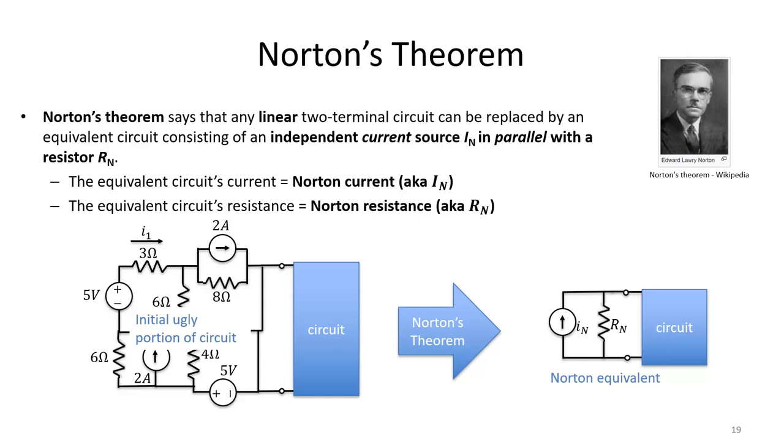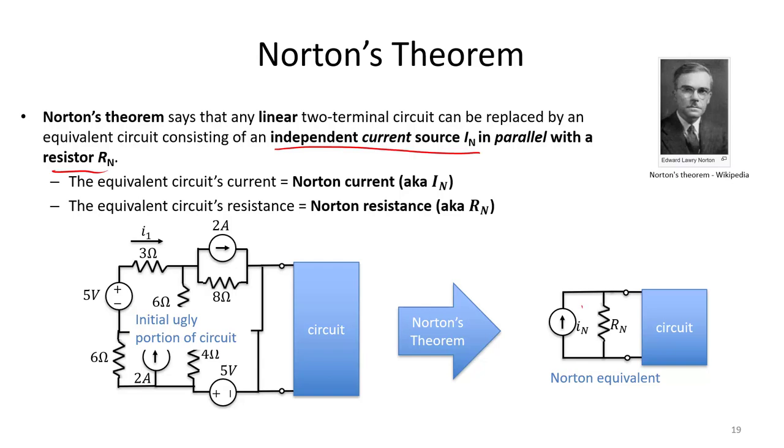Norton's theorem is very similar to Thevenin's theorem. Norton's theorem tells us that any linear two-terminal circuit can be replaced by an equivalent circuit consisting of an independent current source, which is in parallel with a resistor. And notice the naming again.